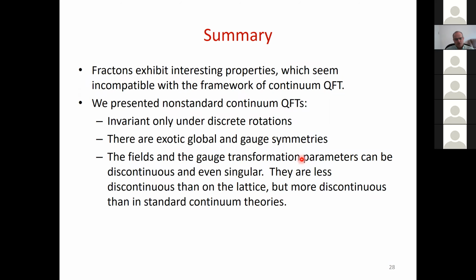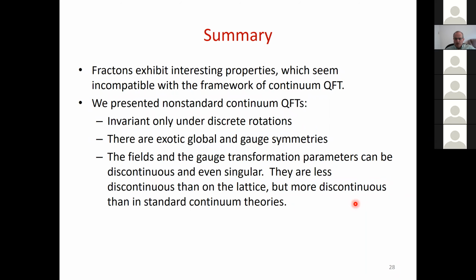The third element is perhaps the most interesting aspect, that both the fields and the gauge transformation parameters could be discontinuous and even singular. There were some delta functions here and there. They were not as continuous as on the lattice, but they were more discontinuous than in the standard continuum theory. This is really where the heart of the matter is, that we allow fields that are more discontinuous than in standard continuum quantum field theory.